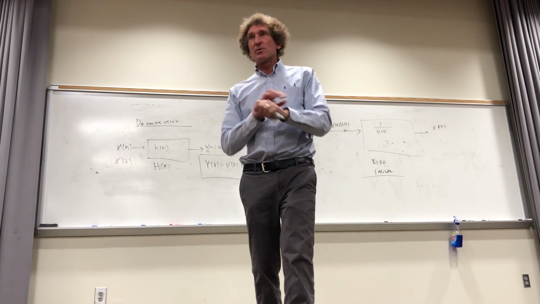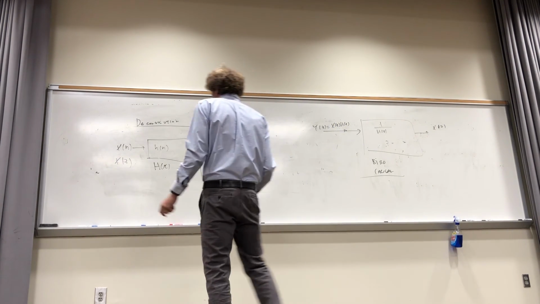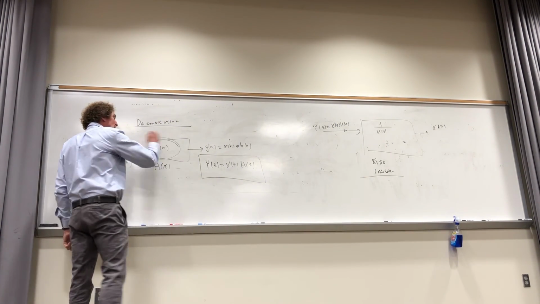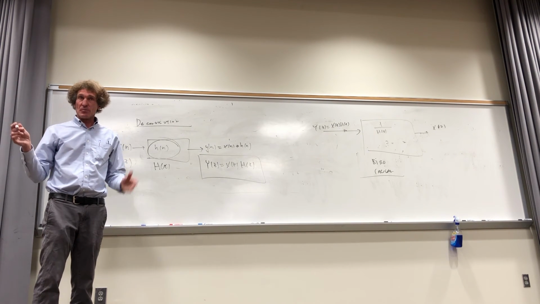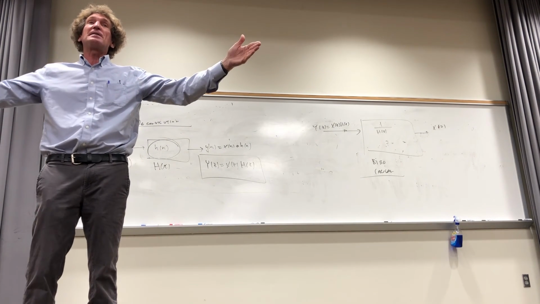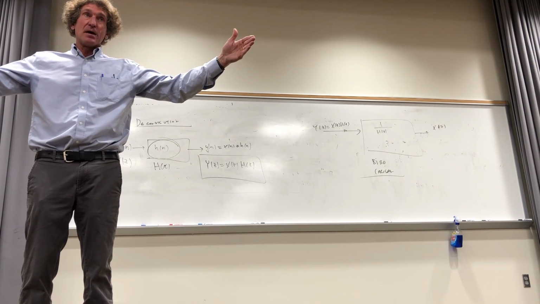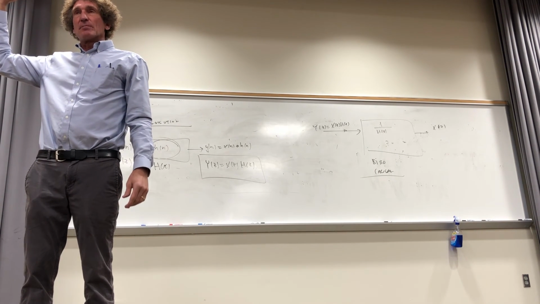Now there's something else I'm going to tell you. What you really want when you do this is for h to behave like a finite impulse response filter. Remember what a finite impulse response filter was, where you had a finite number of h terms? You didn't have an infinite number. I'm going to go over that next time.